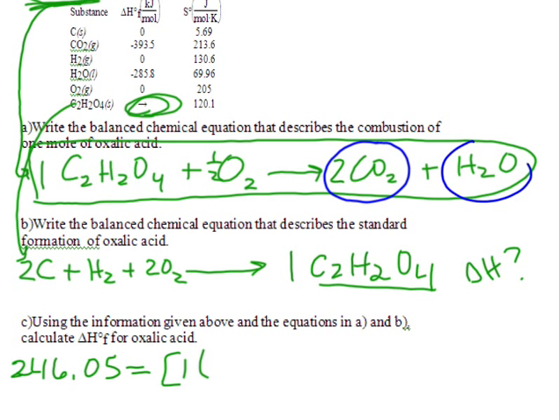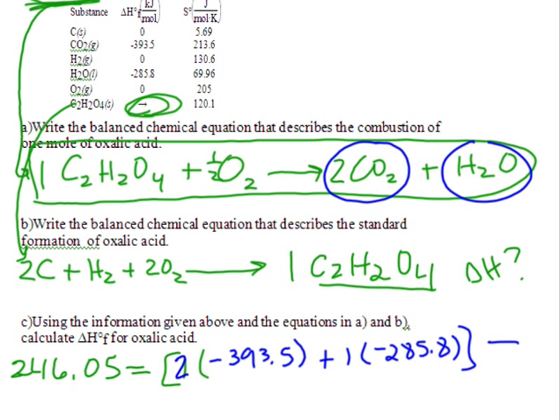We're going to do this, so 2 times CO2's delta H in the chart is 393.5 plus 1 times H2O, negative 285.8, products minus 1 times X, and then we know all the free elements have a delta H of 0.